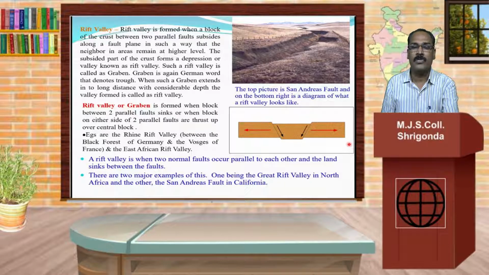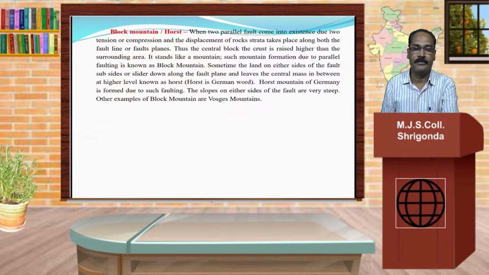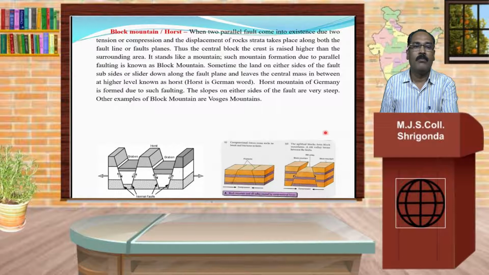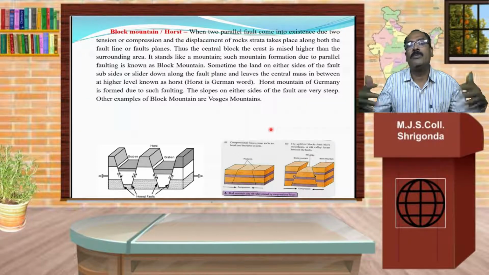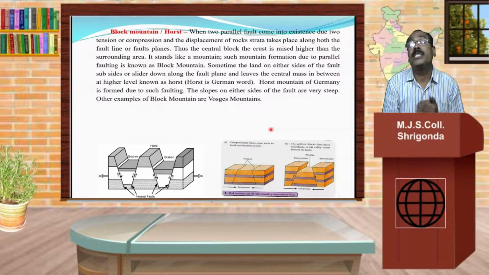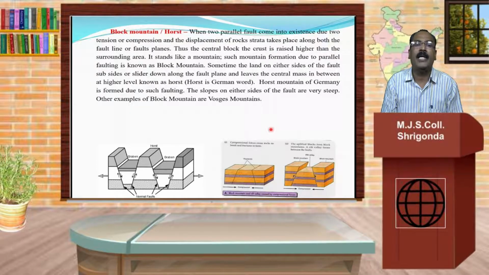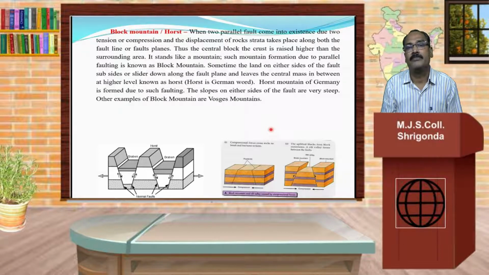The most important features: block mountains. Block mountains form when two parallel faults come into existence due to tension and compression, and the displacement of rock strata takes place along both the fault lines or fault planes.